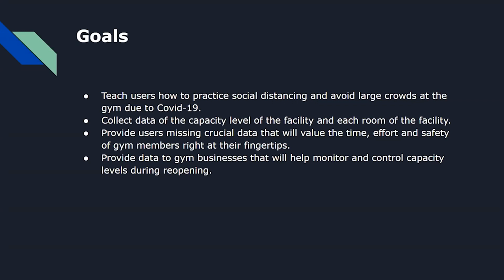And since there are so many regulations now in regards to capacity, we wanted the fastest and most efficient way to look at maybe how we could return people back to their fitness routines and their lifestyles while being safe and following these rules.